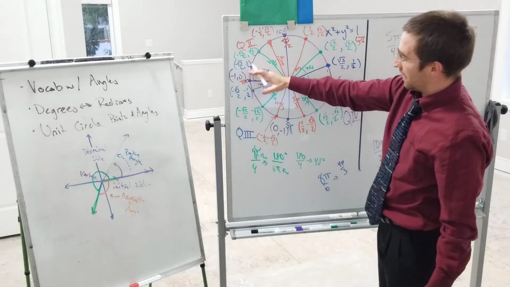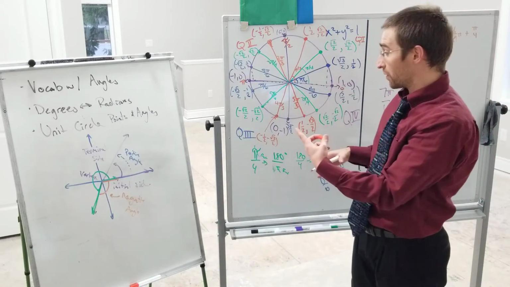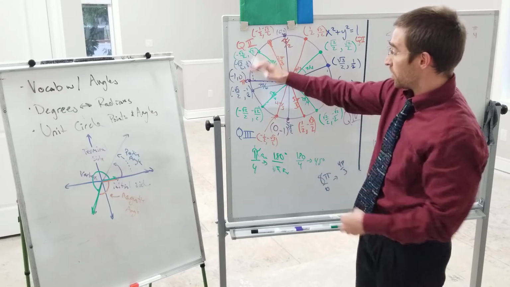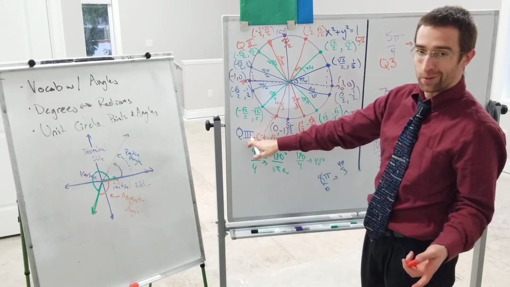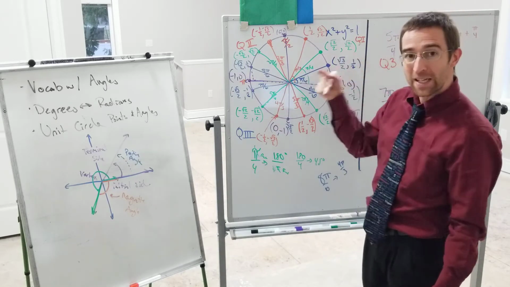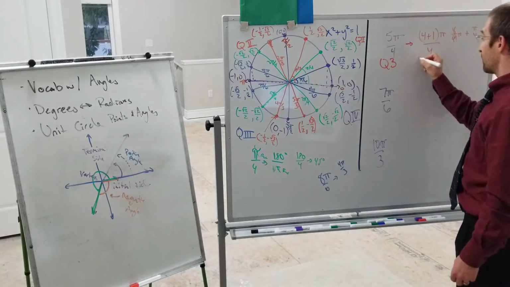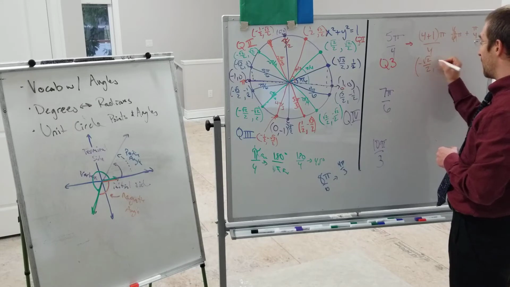So we go to pi and then another pi over 4. So it's in quadrant 3. It's these same numbers, but negative, negative. So the point that corresponds to 5 pi over 4 is negative root 2 over 2, comma negative root 2 over 2.